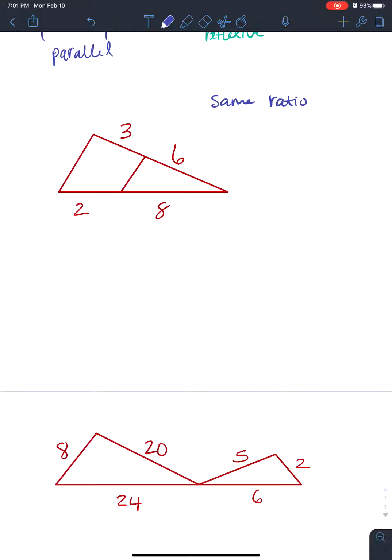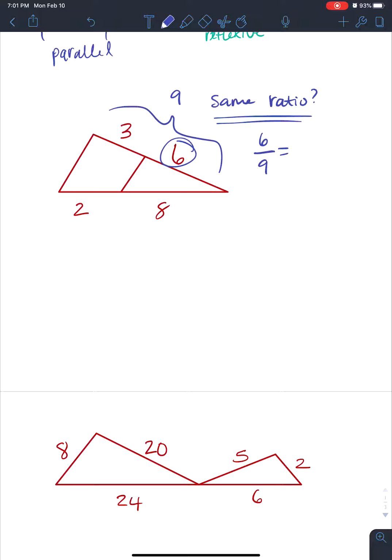So if you were solving all of these and you weren't showing any work at all, then I know for a fact you don't know what you're doing, okay? You need to show your work, and it's very simple. All you got to do is set up the ratio of this side over this entire side, which is 9. Oops, sorry, 6 over 9.